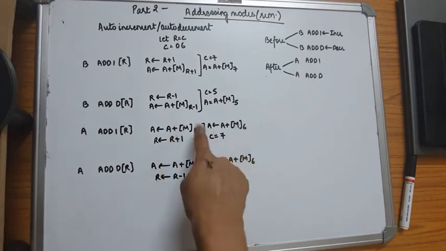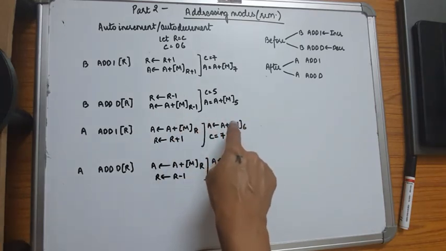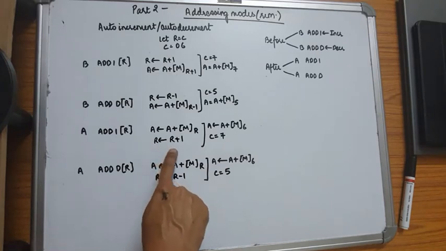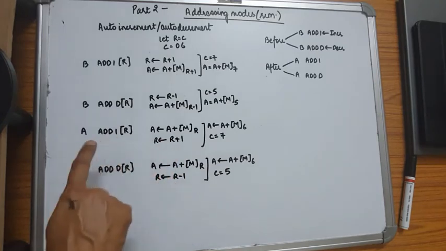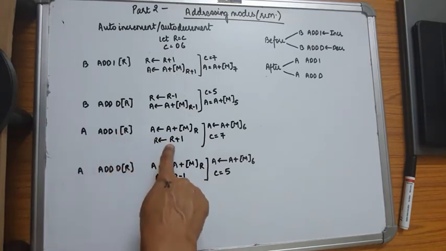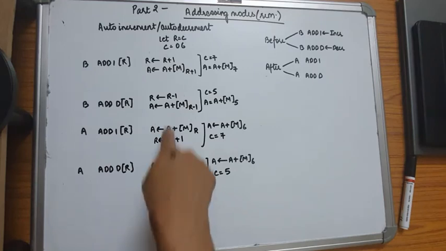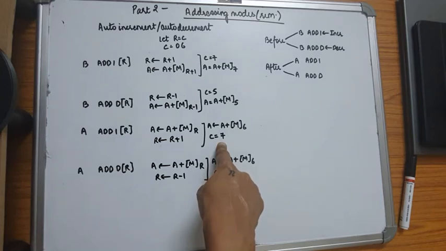After the instruction has been executed and the result has been stored into accumulator, now increment the contents of register R. Register R was C, C was storing 6, and it is incremented to 7. So now C will be holding 7.